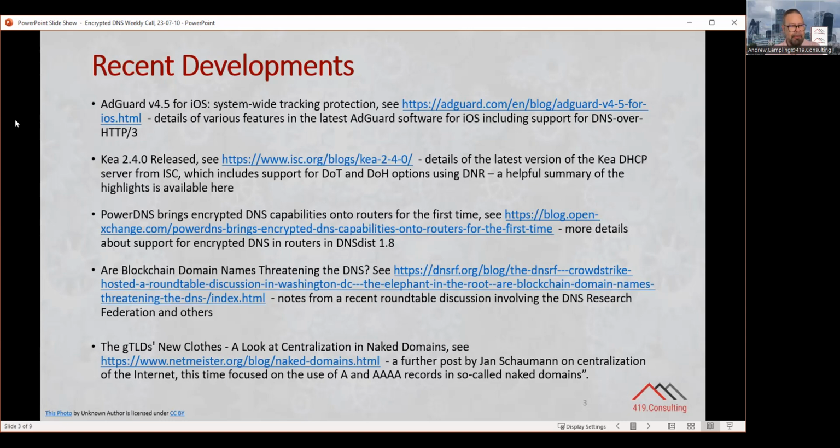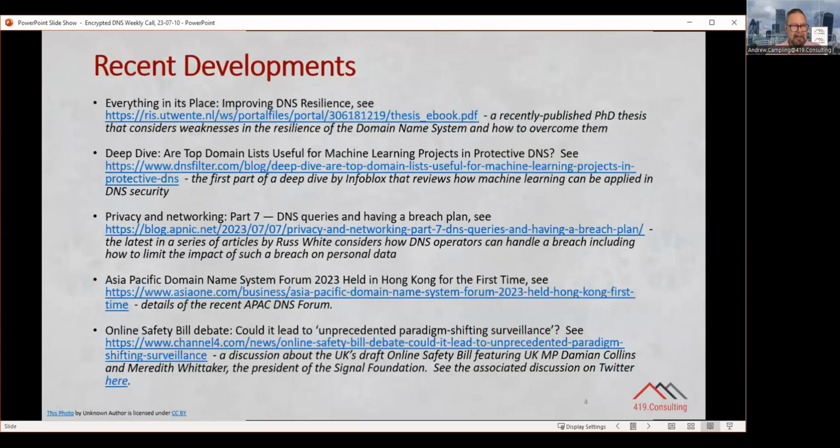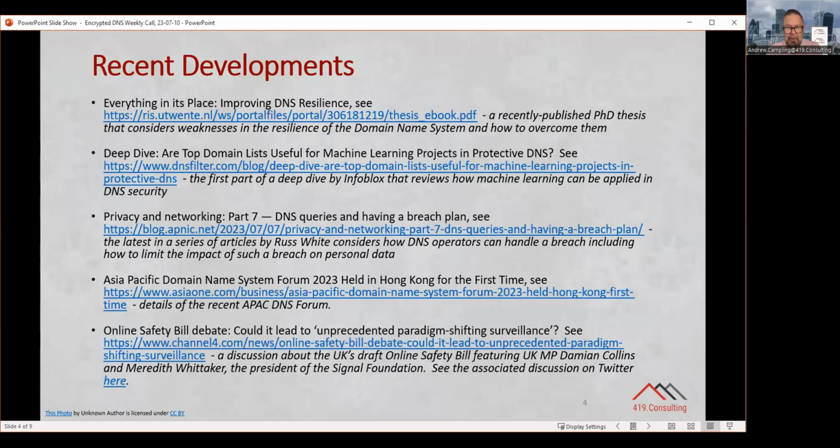Some other interesting stuff. I won't go through all of these. You would have seen them in the weekly headlines. There's a PhD thesis which people might find of interest, looking at the resilience of the domain name system as a whole, and also DNS Filter put together a post, the first of, I think, two posts looking at the use of machine learning and its application in DNS security.